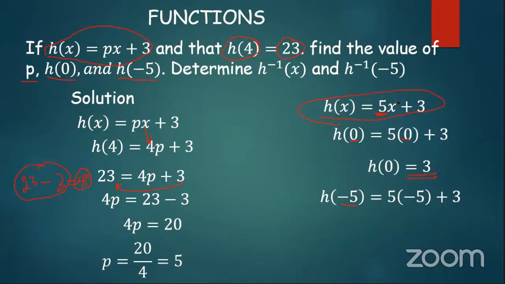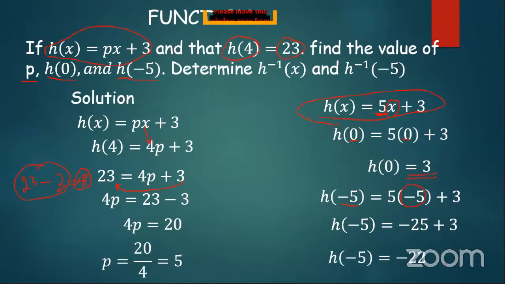So on this x here, we substitute negative 5, and that will be 5 times negative 5 plus 3, which gives us 5 times negative 5 is negative 25 plus 3, and that gives us negative 22.